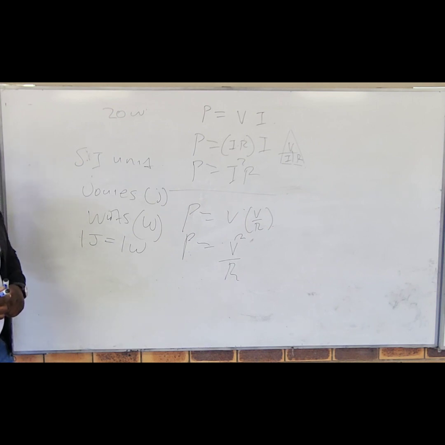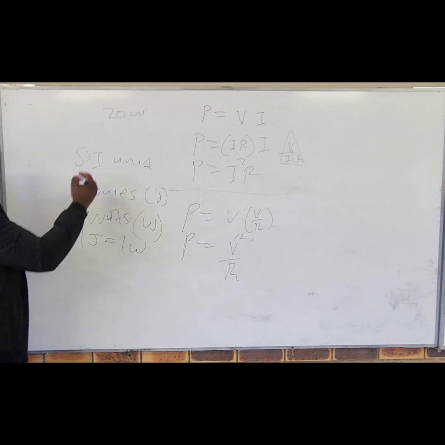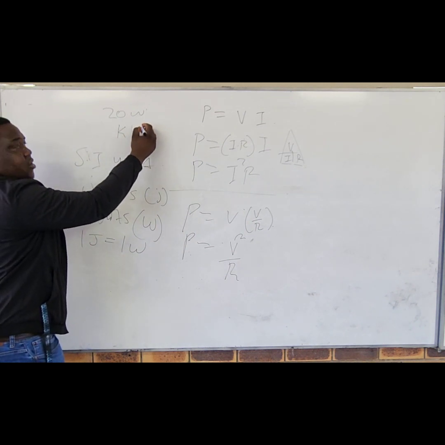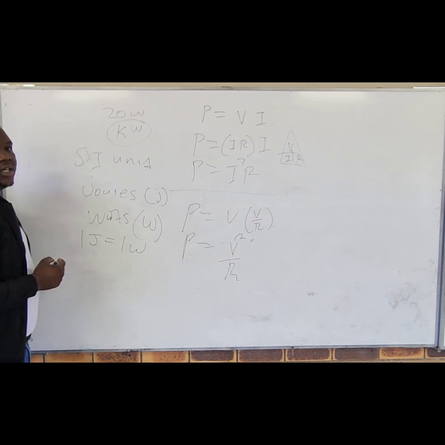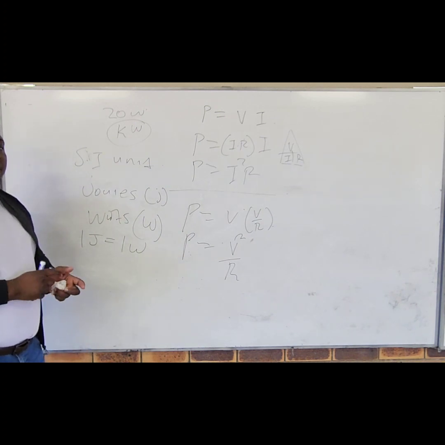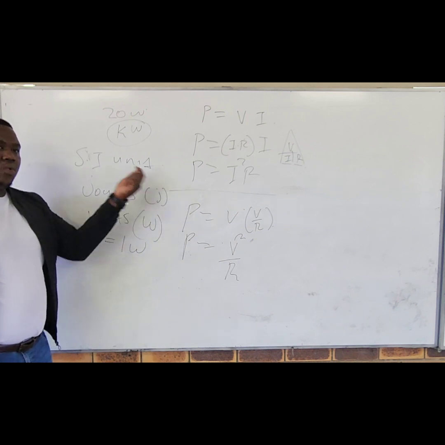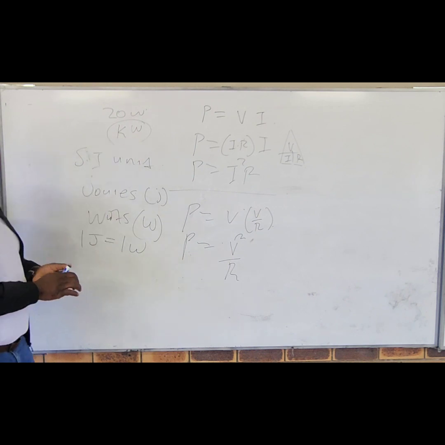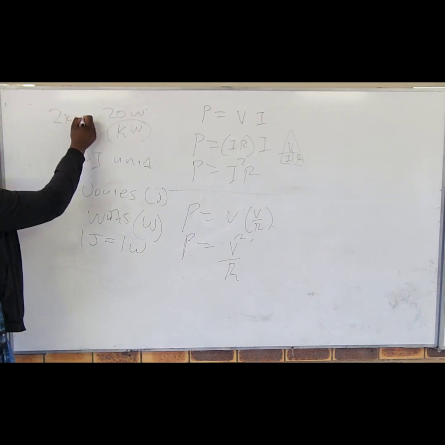Understand? Yes. The problem will come when they give you kilowatt, right? When they give you kilowatt, you know that kilo is 1000, so you need to go back to watt. What will you do if you are given, let's say, 2 kilowatt?